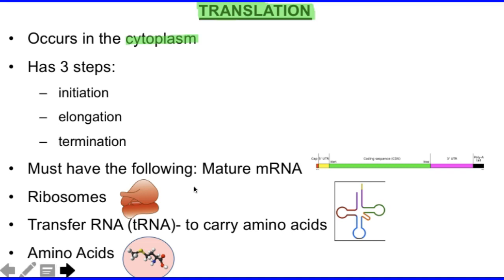First things first, let's go ahead and look at some things that we're going to need to know about with translation. Do you remember what ribosomes are for? Ribosomes are the organelle inside the cell, and it's what gives rough endoplasmic reticulum its rough look. Remember, ribosomes are meant for protein synthesis. So here's where ribosomes are coming back into play. When you see a little t in front of the RNA, that's standing for transfer RNA.